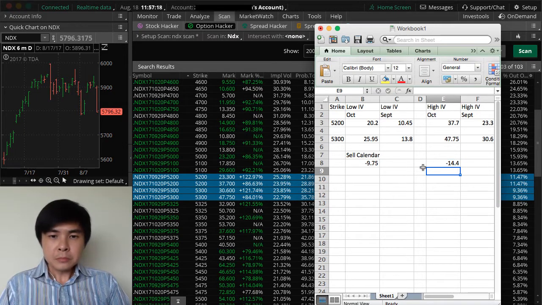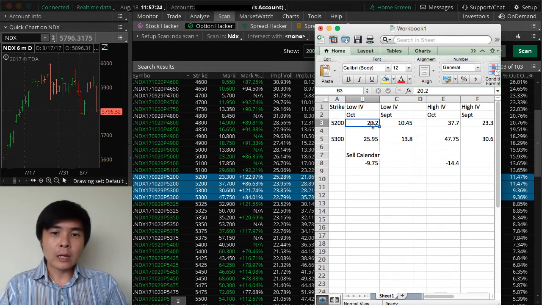Alright, so how do we sell a calendar spread when we are at low IV? Very simple. Let's try another setup.